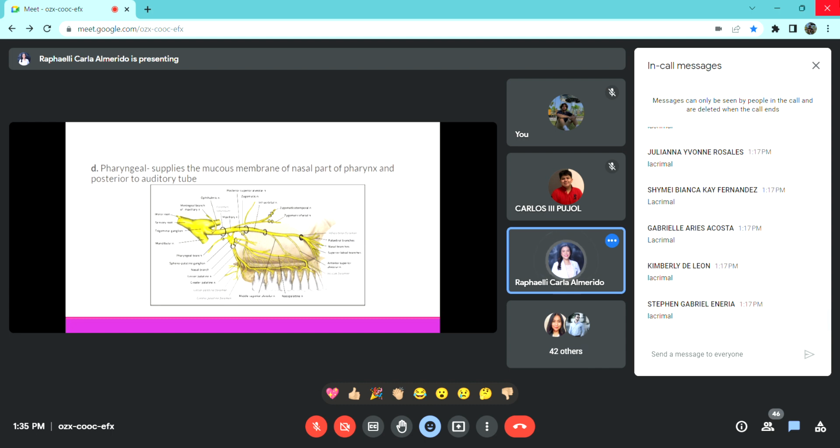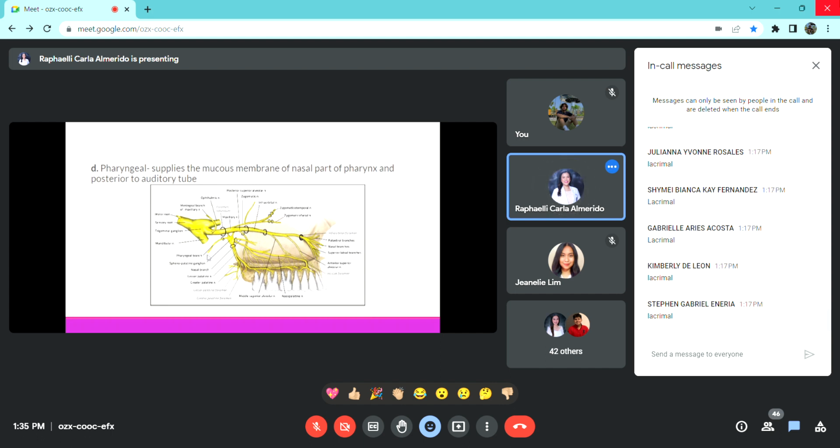Nakikita nyo ba yung cursor ko? Yes po. Okay, so this is your pharyngeal branch. So kanina, again, sphenopalatine ganglion. You have your nasal branch, yung branch na papuntang anteriorly, the nasopalatine nerve, that supplies the middle portion area. Then you have the greater and lesser palatine nerve and your pharyngeal branch.